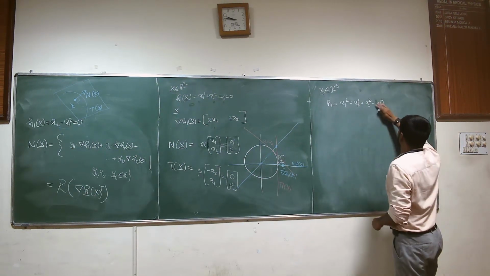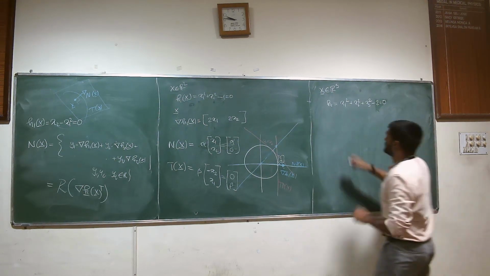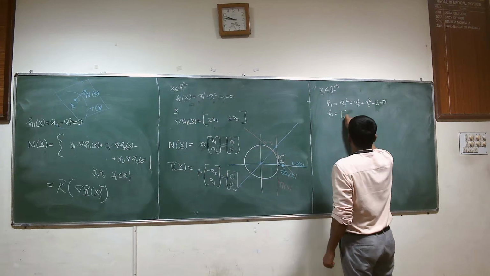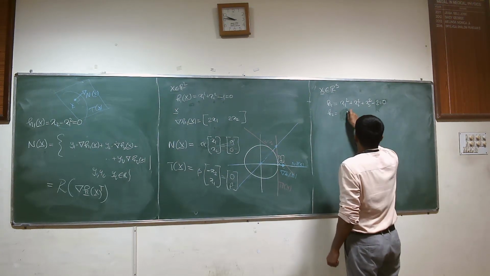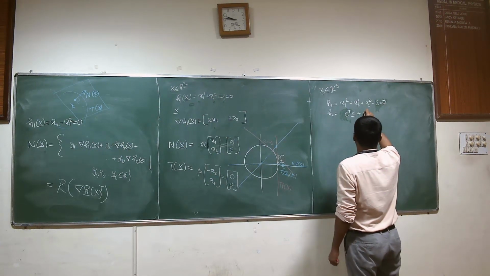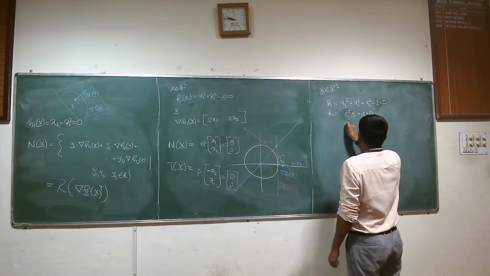And then we have another constraint H2, which is essentially something like this: C transpose x plus D equals 0.